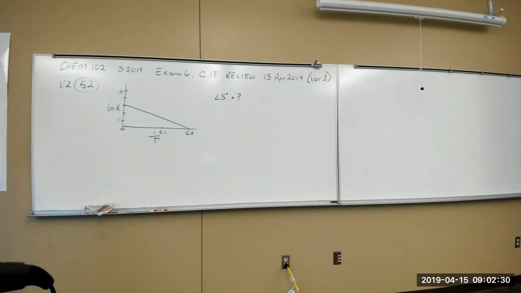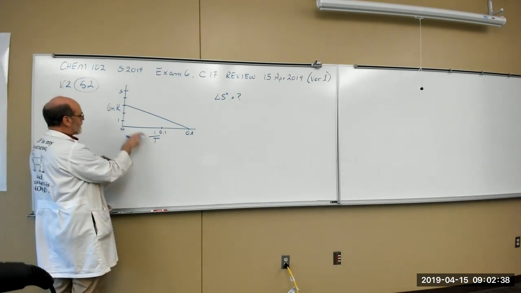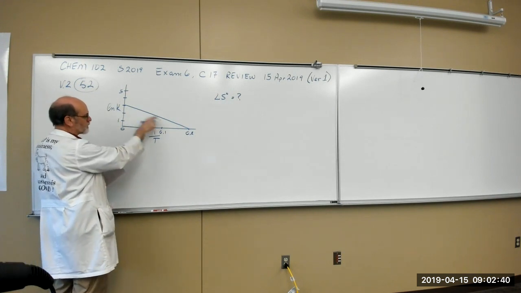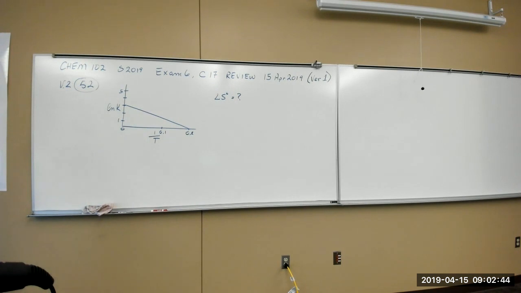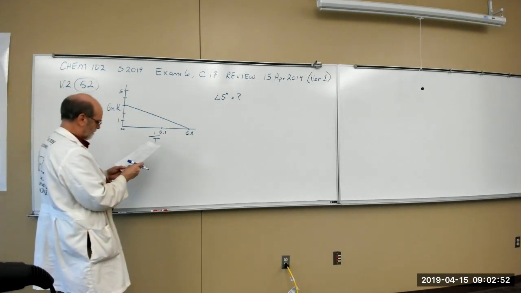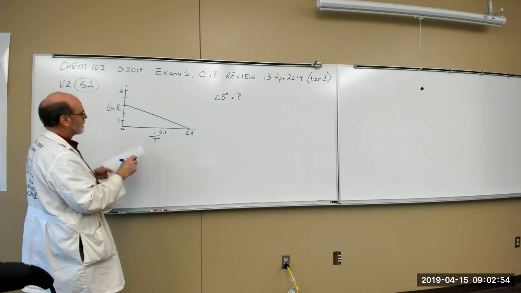So we need to know what that graph represents. I don't see delta S in either one of these, so it must be in the slope. Right, so what's the slope of that line? Oh no, I'm sorry.